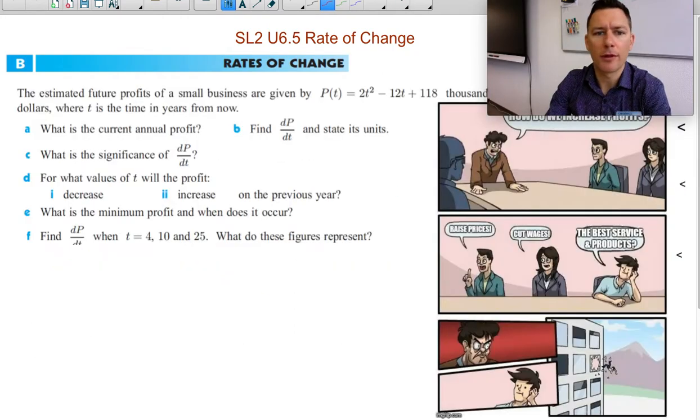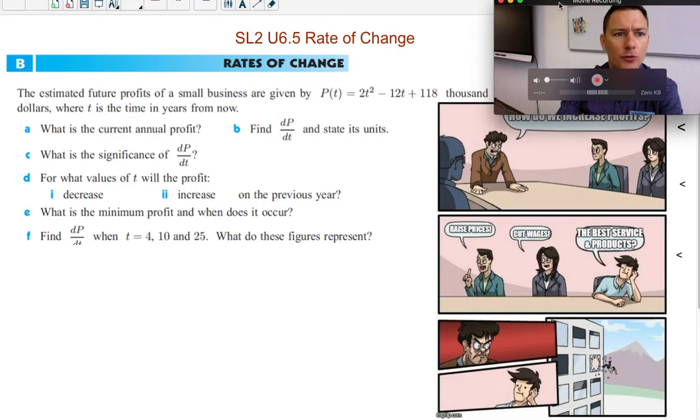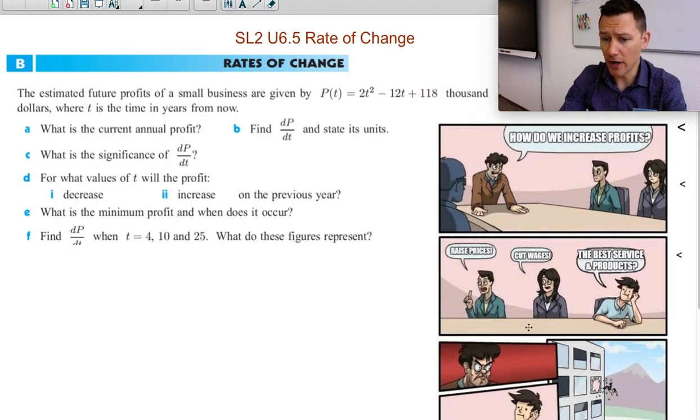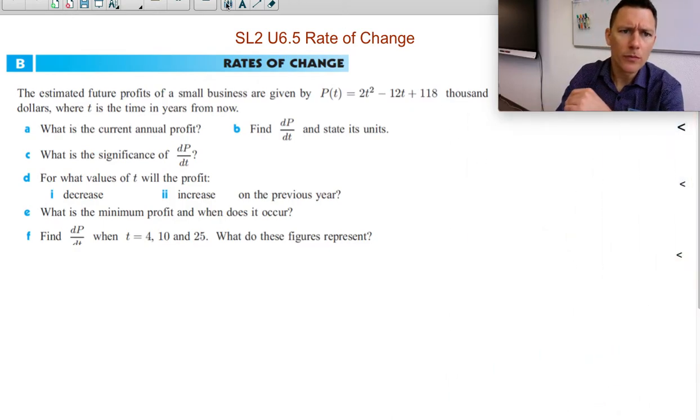So let's try that with finance. They said estimate future profits of a small business are given by this function in thousands of dollars, and they want you to find a couple of things to increase profit, right? So they said, what's the current annual profit? Well, this is the profit based on time in years from now.